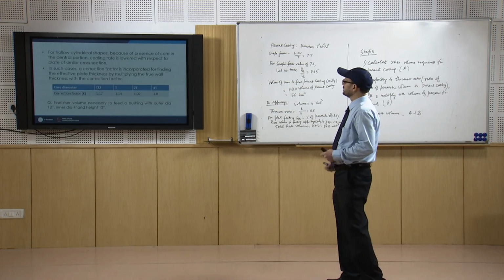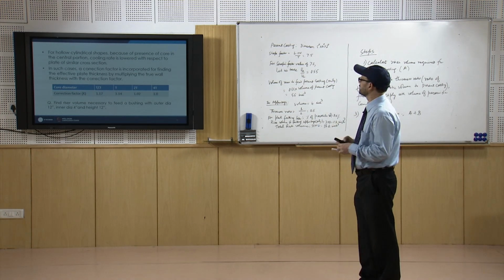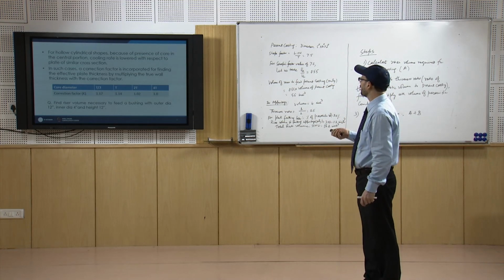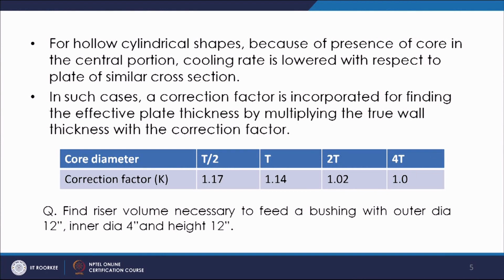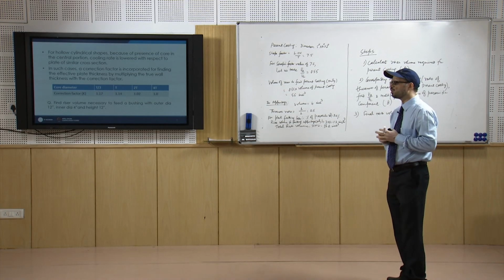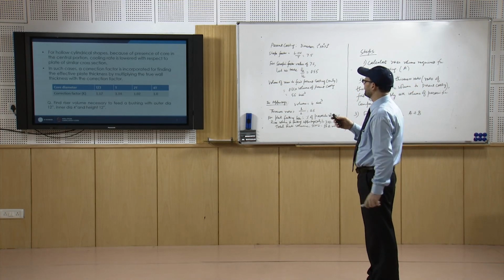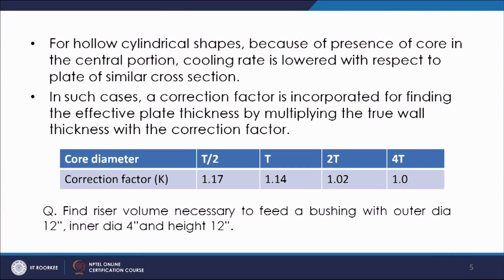Many a time we also come across certain shapes which have a recess in the center portion, that is hollow cavities, like hollow cylindrical shapes. In those cases the cavity is taken care of by the presence of a core in the central region. Now, this core poses a problem, lowering the cooling rate, because that is not an exposed portion and heat extraction cannot be expected from there.